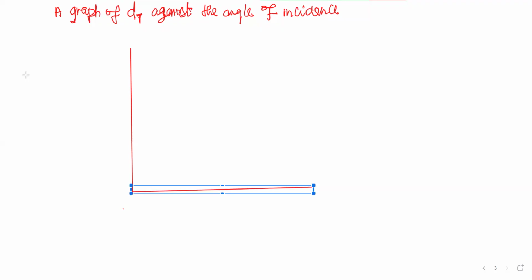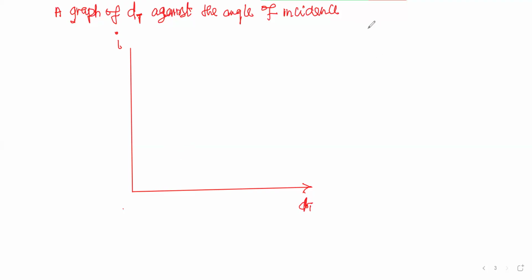So a graph of the total deviation against I. Let me make it I against the total.